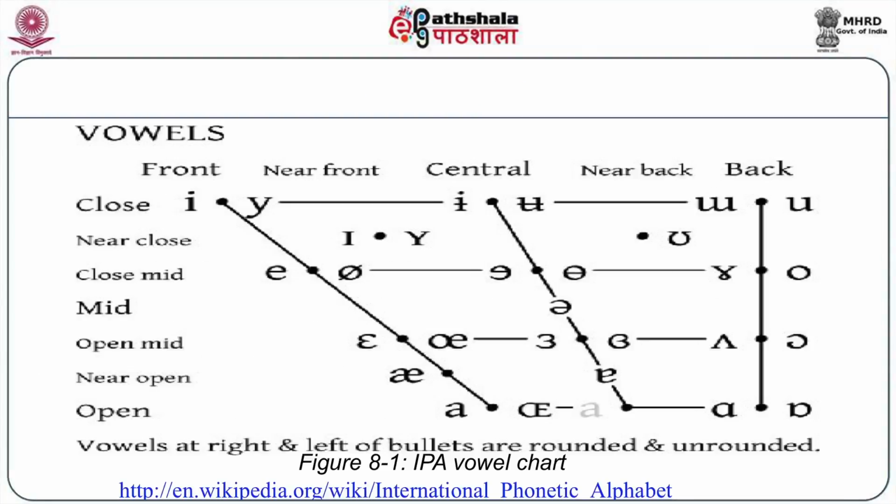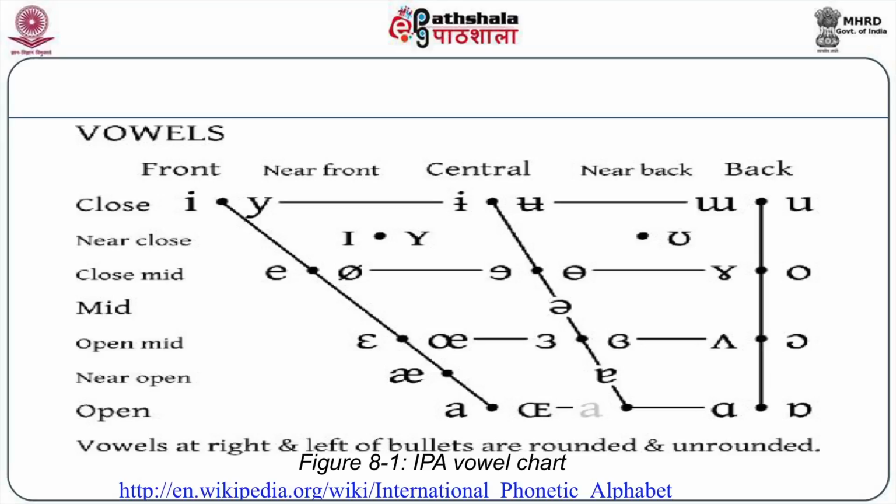Let us take a look at the cardinal vowel chart of the IPA. Try and count the number of cardinal vowels you have on the chart. As you will see, there are about 28 cardinal vowels. These, we have suggested earlier, have to be read following a certain convention.